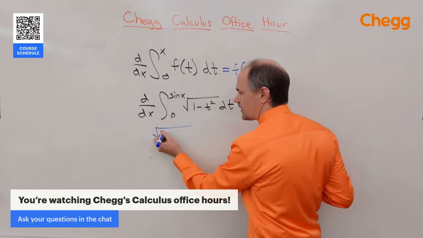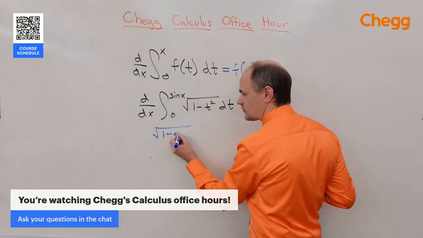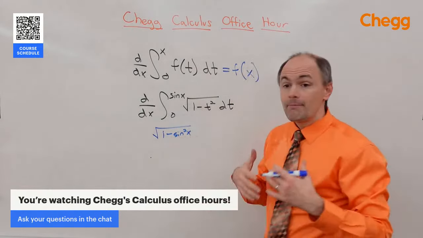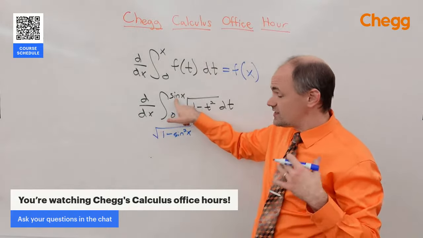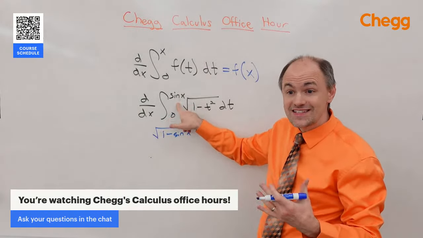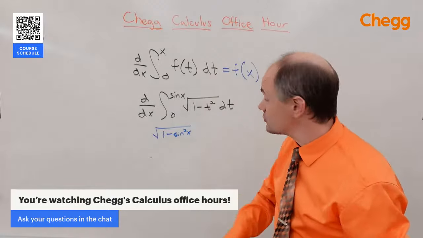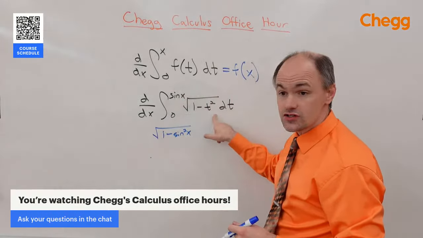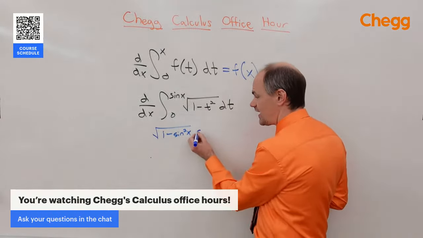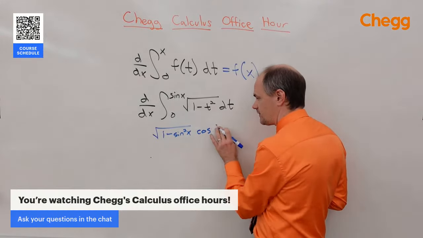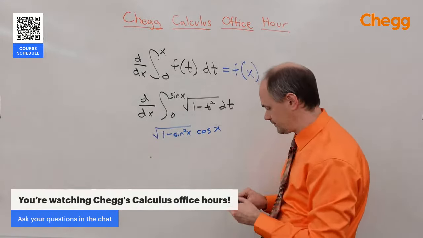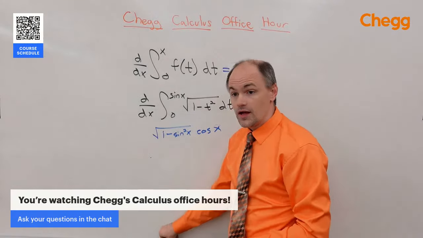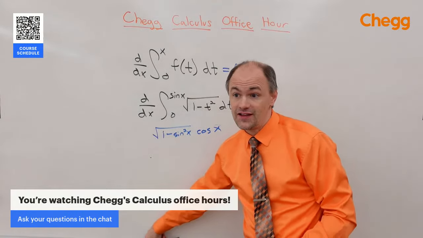So that's going to be the square root of 1 minus sine squared. But then the chain rule needs to click in as well because we've got a sine here. We need to multiply by the derivative of that input to the function. The derivative of sine is cosine. And then we'd want to simplify from there if we can.